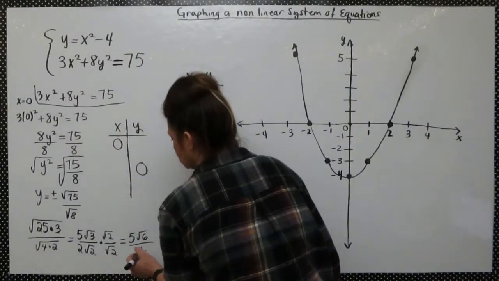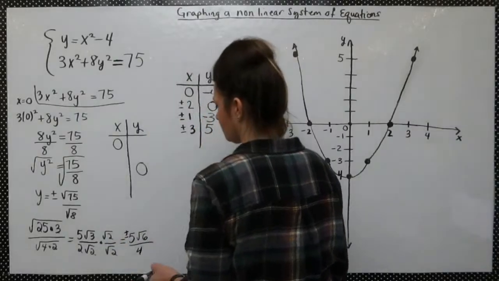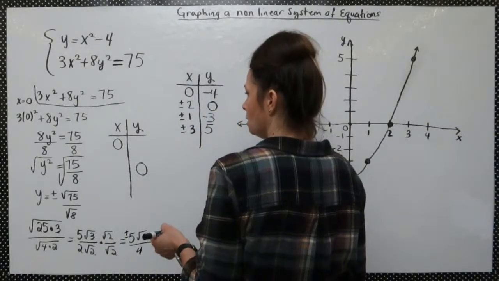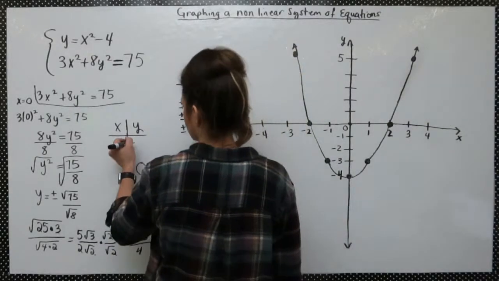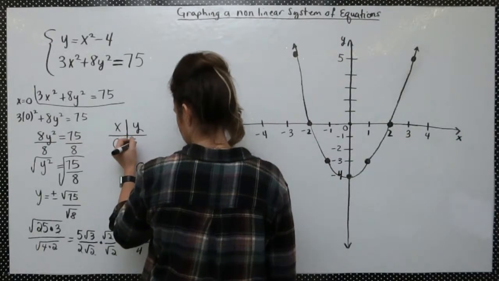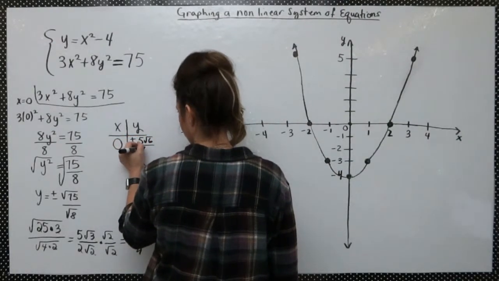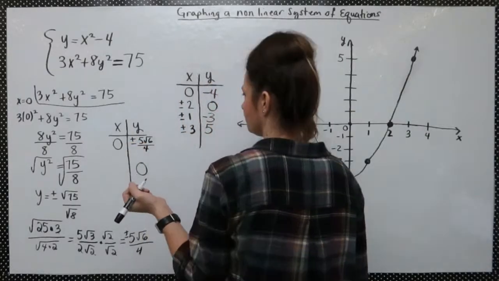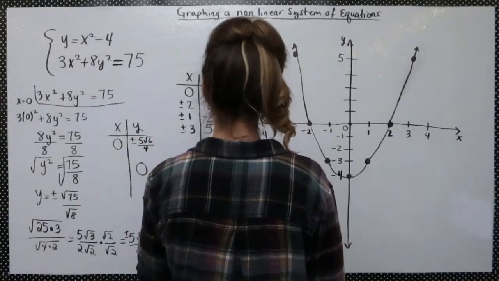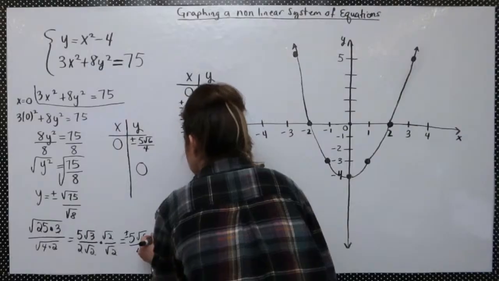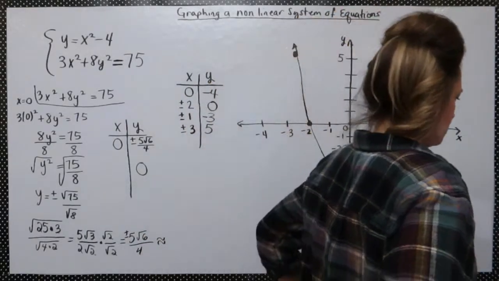Right. So we've got plus or minus this thing. So when x is 0, we've got plus or minus 5 radical 6 over 4.